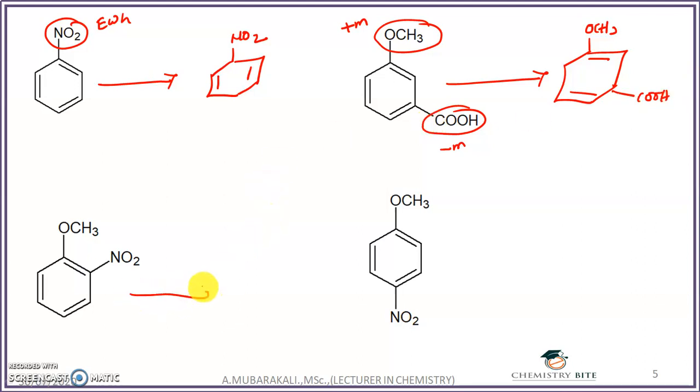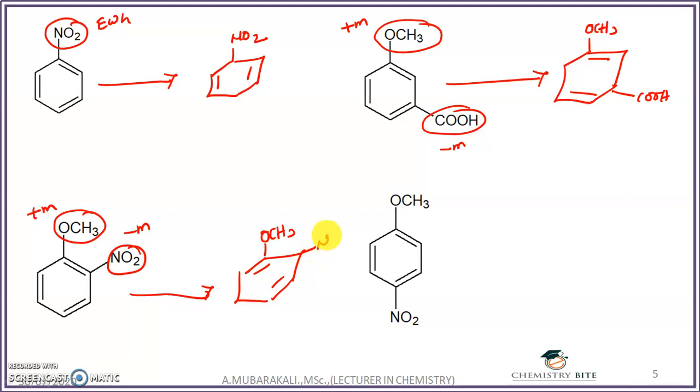Suppose you have an electron releasing group and an electron withdrawing group ortho to each other. The product is this. Now the electron releasing group will be attached to the double bond, and the electron withdrawing group is attached to the sp3 carbon atom.